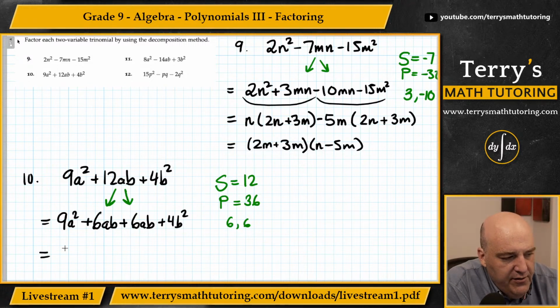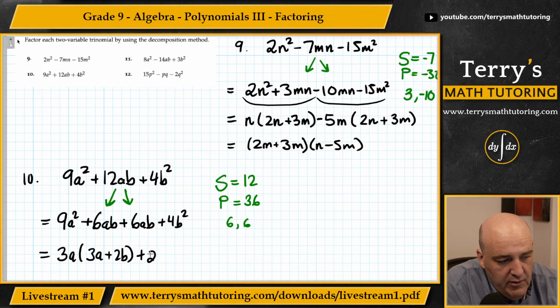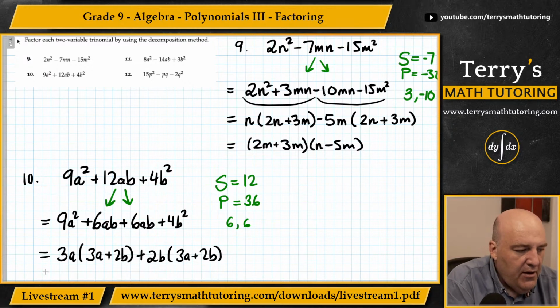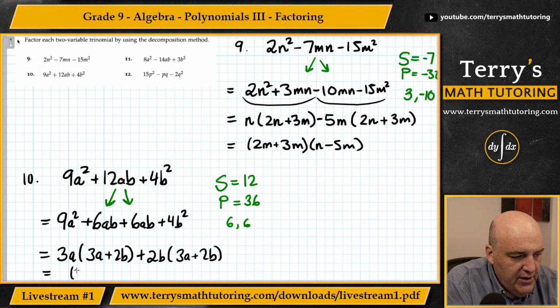What I can factor out here is a 3a. And then I get 3a plus 2b. What can I factor out here? A 2b. And I get 3a plus 2b. And then I notice these are the same. So let's pull that 3a plus 2b to the front. And then the other term is, again, 3a plus 2b.